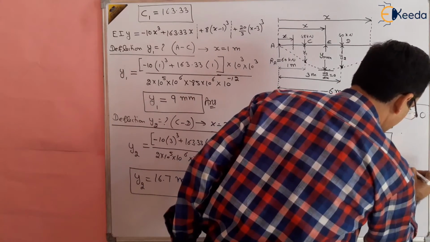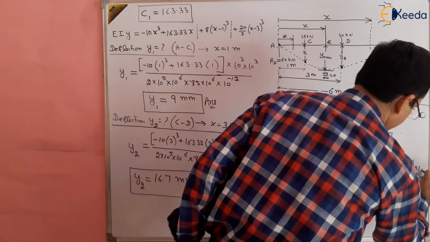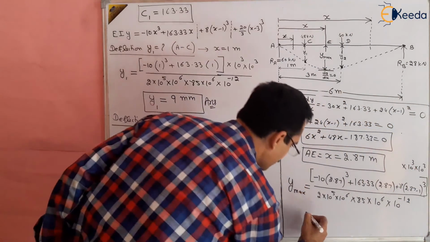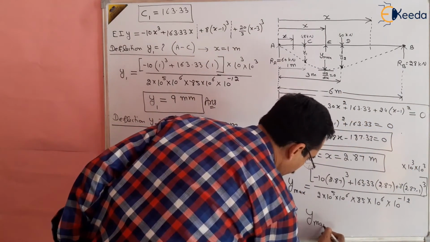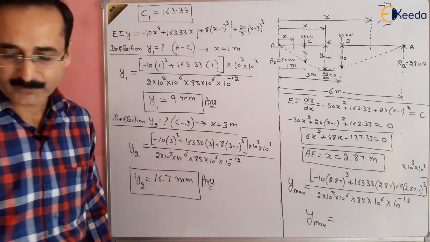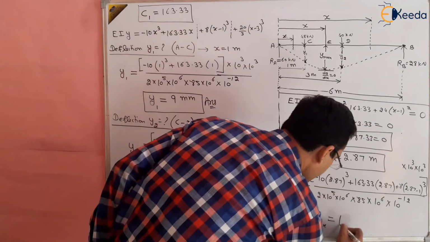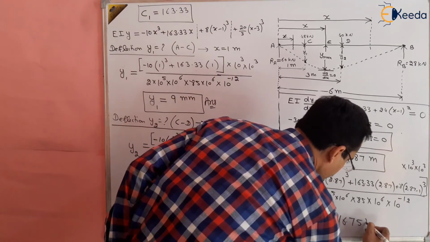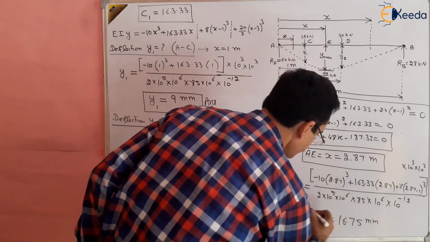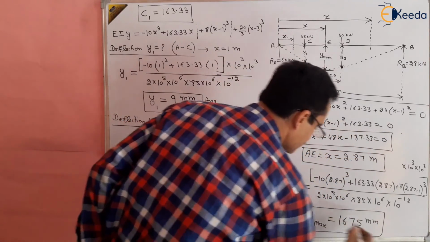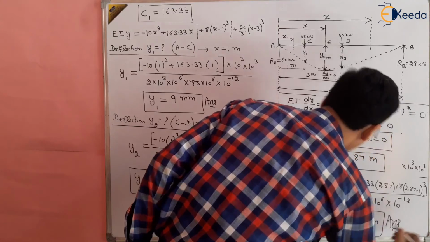So this answer is multiplied by 10 power 3 two times to get the answer in millimeter. So y max, the maximum deflection, will come out to be 16.75 millimeter. So this is the last answer of this question, right?